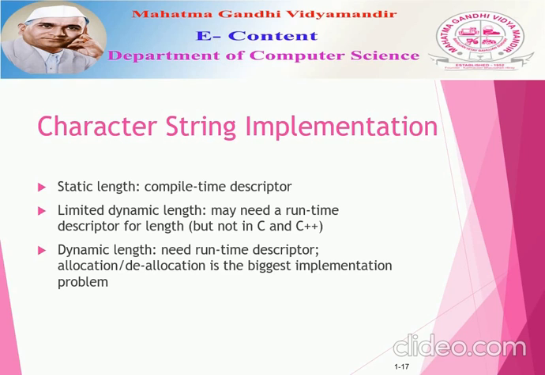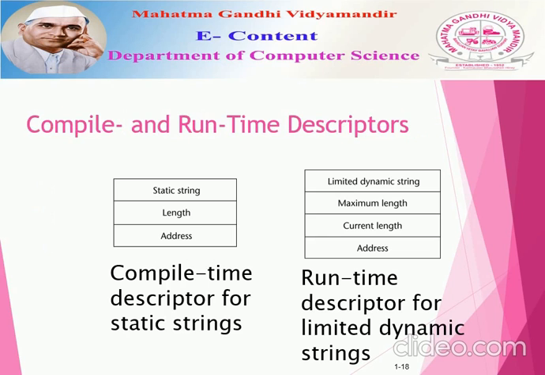And the limited dynamic strings require a runtime descriptor to store both the fixed maximum length and the current length. That is limited dynamic string, maximum length, current length and the address. So for example, over here you can see this is a compile-time descriptor for the static string, and the other diagram shows the runtime descriptor for the limited dynamic string.